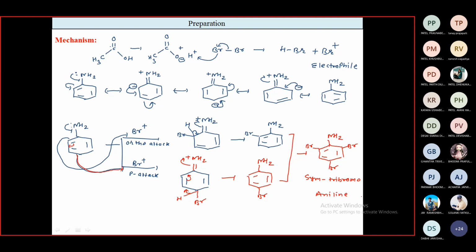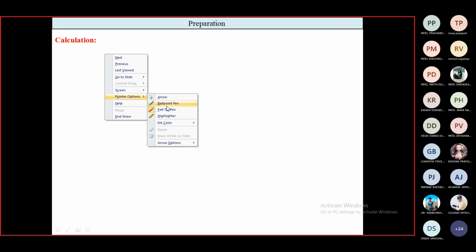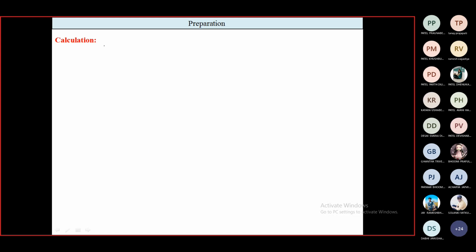Now how to remove NH2 group? So again it is very simple job. In order to remove NH2 group, you can go for NH2, Br, here it is Br and Br.